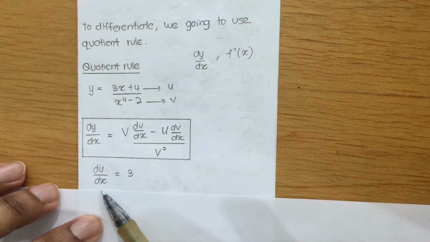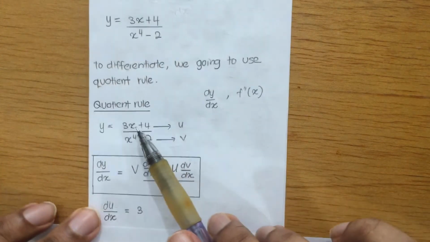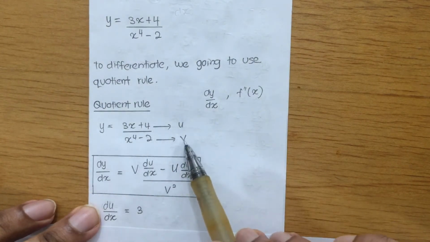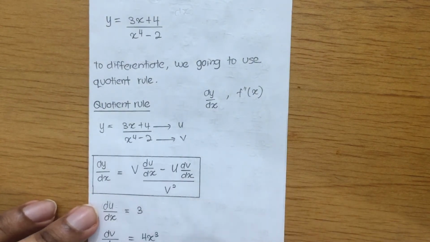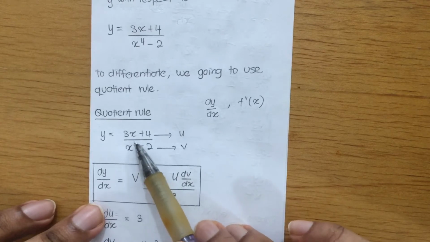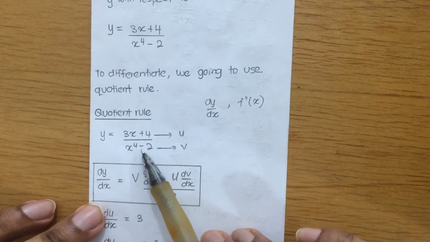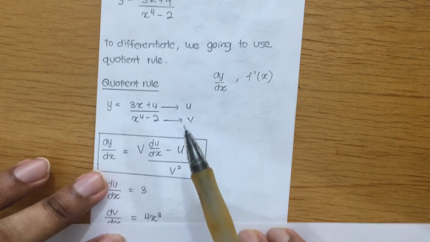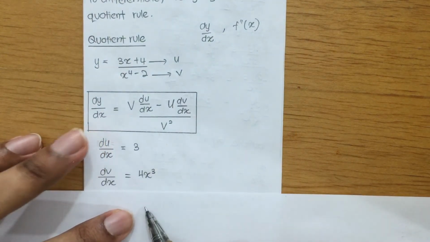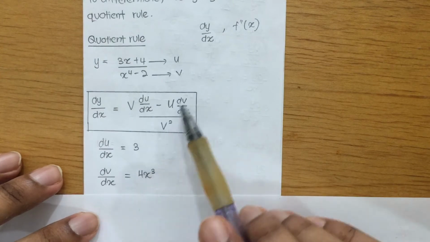From here we get du/dx equals 3. So 3x plus 4, we differentiate this, we get 3. For the next step, dv/dx equals 4x to the power of 3. For x to the power of 4, you bring the 4 to the front and minus the power by 1. So you get dv/dx equals 4x cubed. Now you get all the respective information.